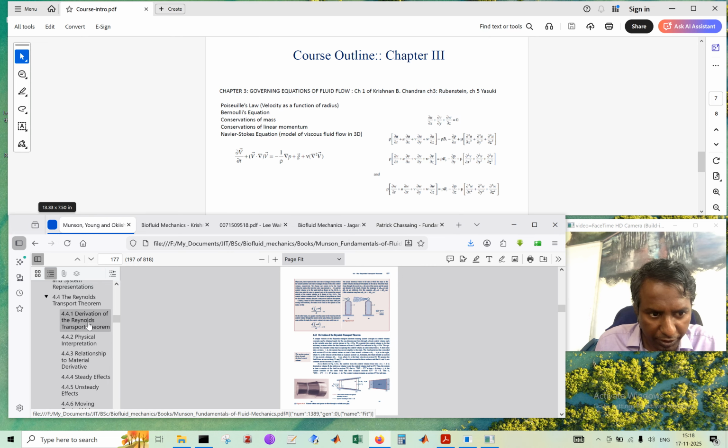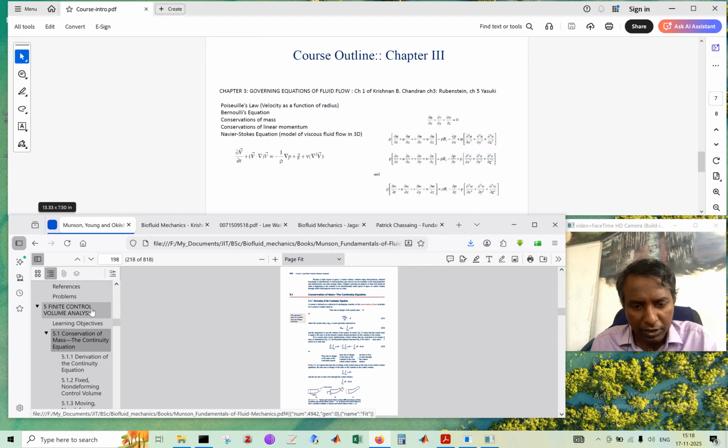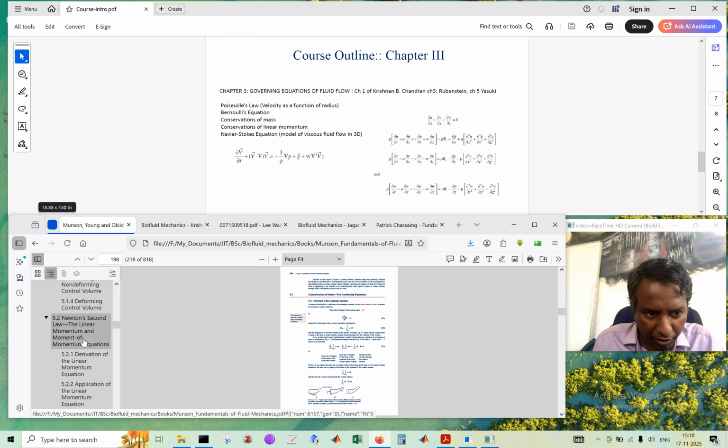We start with the Reynolds transport theorem for a control volume shown here, and then we go on to derive the continuity equation for a finite volume, which is a somewhat larger volume, for the conservation of mass, and then we also derive it for the linear momentum.